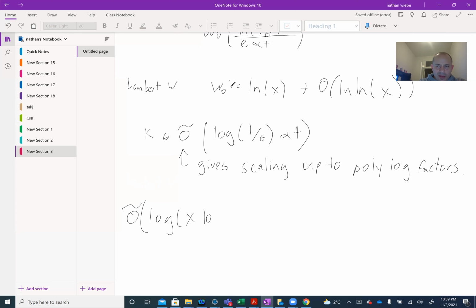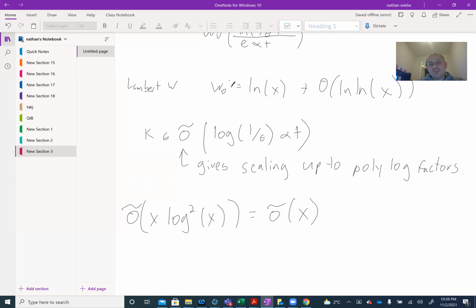Let's say I have O tilde of x log squared x. Because O tilde drops logarithmic factors, this is equal to just O tilde of x.